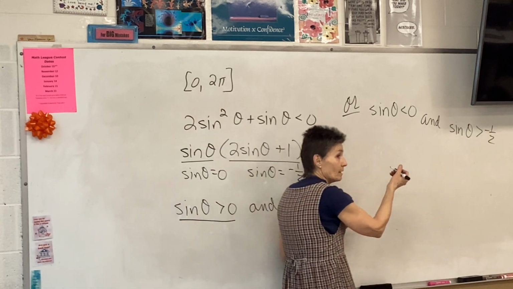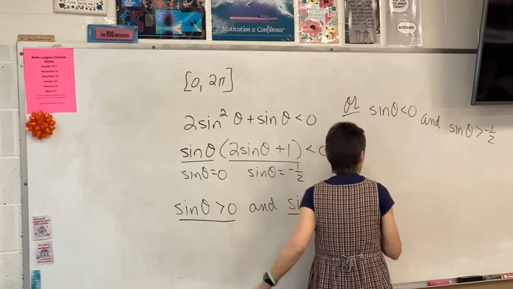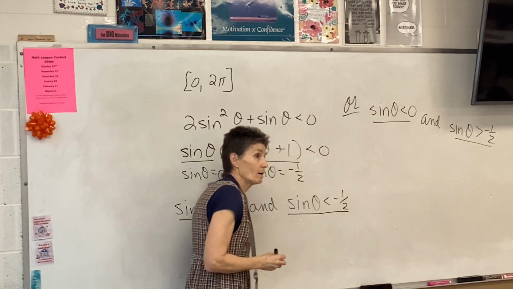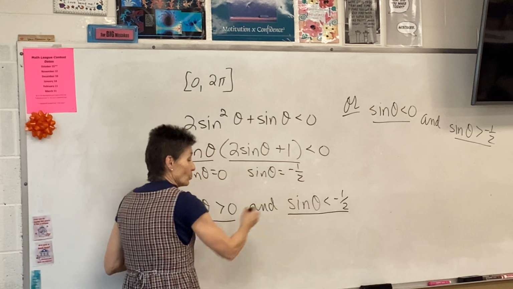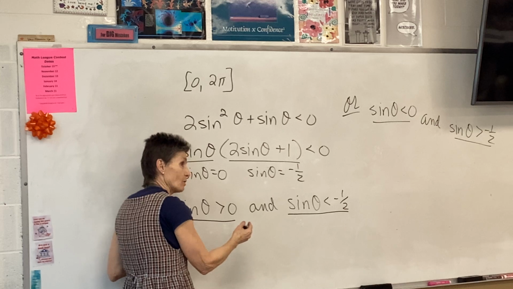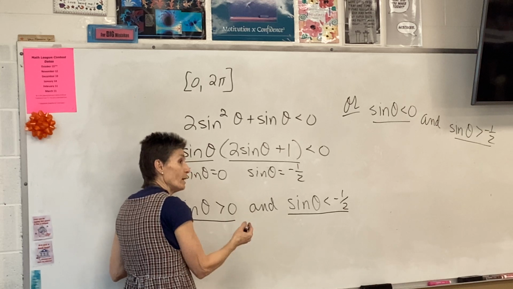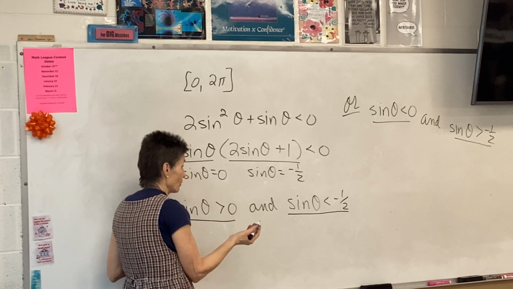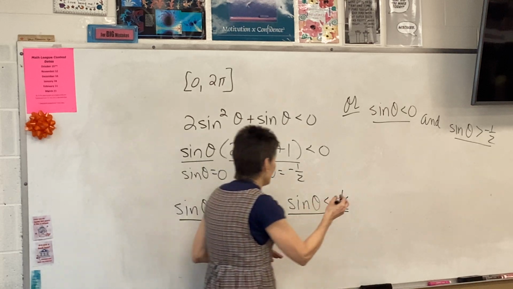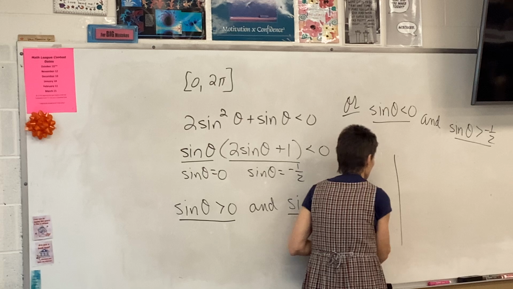I don't know which way it goes. So there I have the positive, negative. Here I have the negative, positive. All right. Now, let's see what this looks like. I can do this on my unit circle, or I can do it with a sine curve. Which way do you want to do it? Unit circle. All right. So I'm doing this case right here. So here's my unit circle.